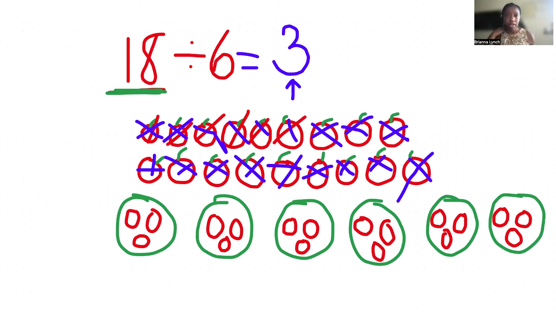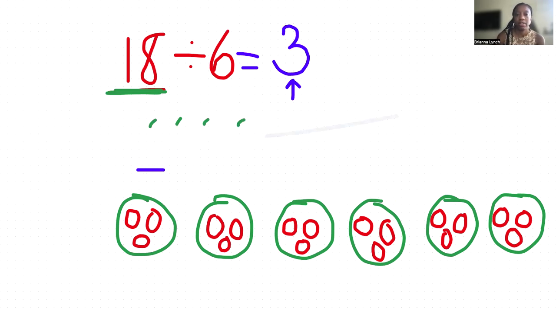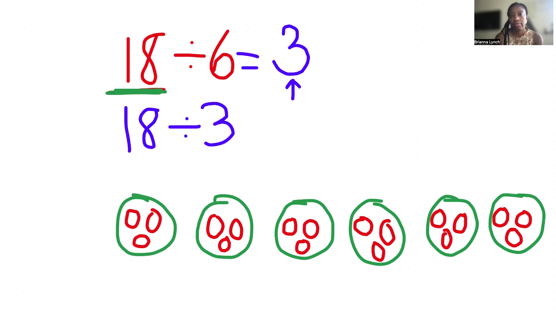Now, if you watched the last multiplication video, we talked about how it's like a fact family. So if 18 divided by 6 equals 3, then what do you think 18 divided by 3 is? So think about that. 18 divided by 3 equals what?